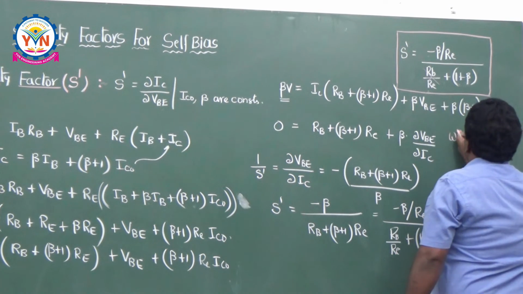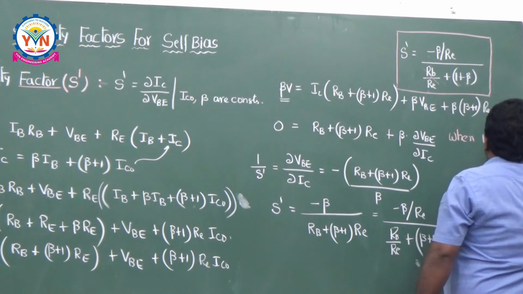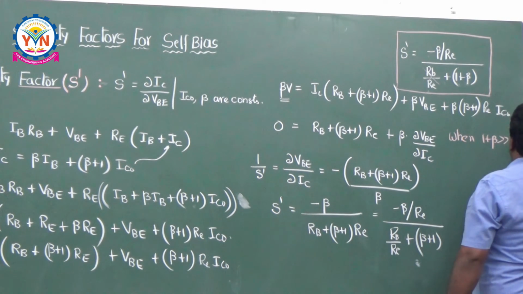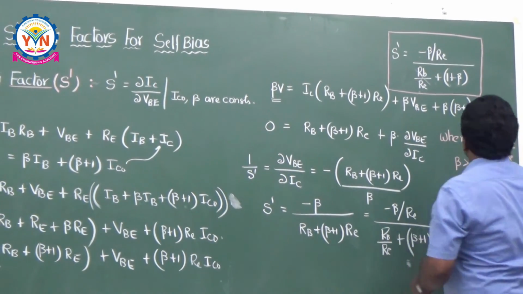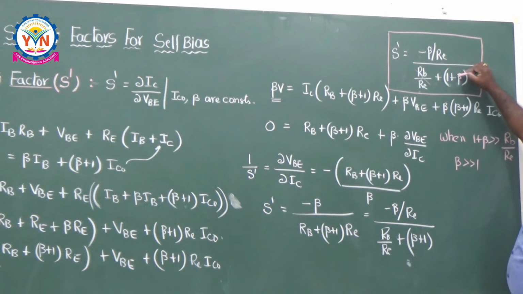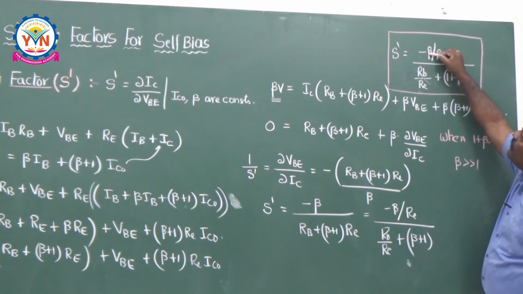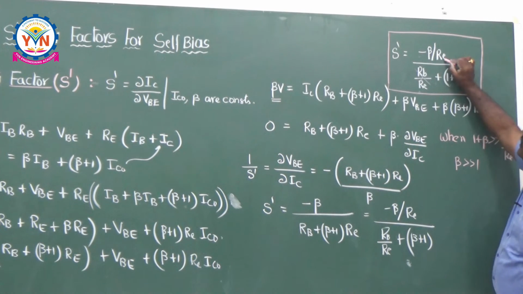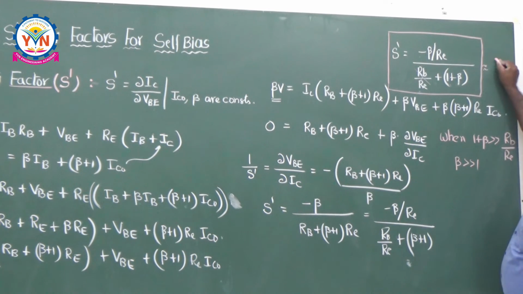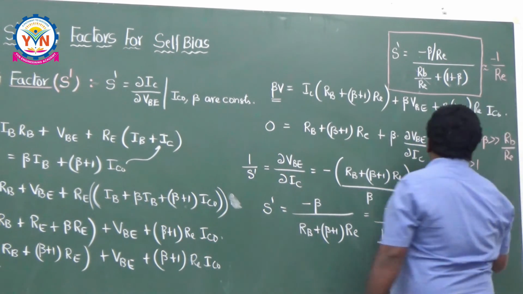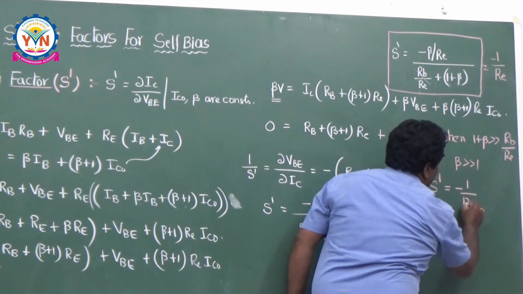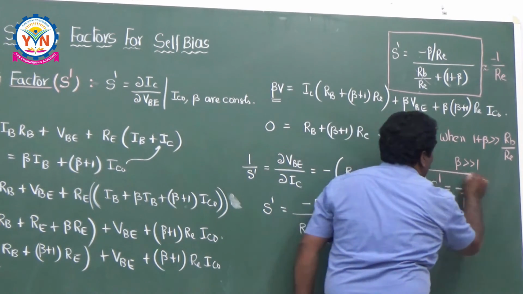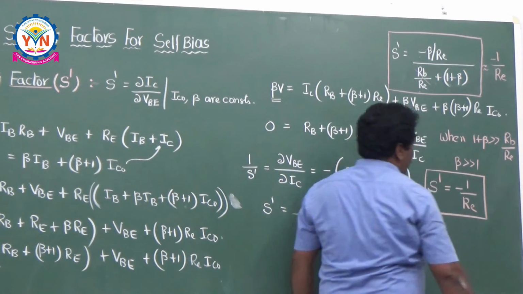If you take these two assumptions, 1 plus beta almost equal to beta, then it will be approximately equal to minus 1 by RE. Therefore, finally, S dash is equal to minus 1 by RE. This is the expression you have to use for the stability factor S dash.